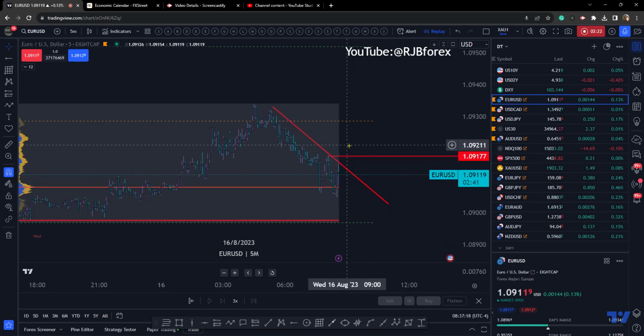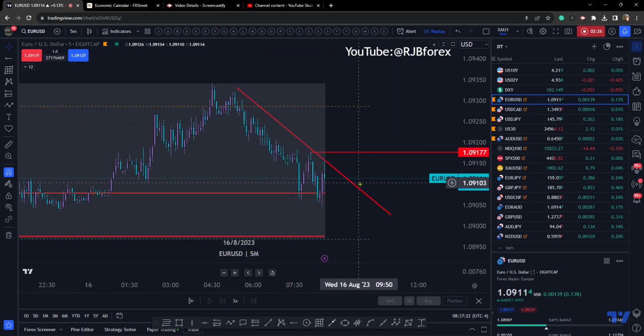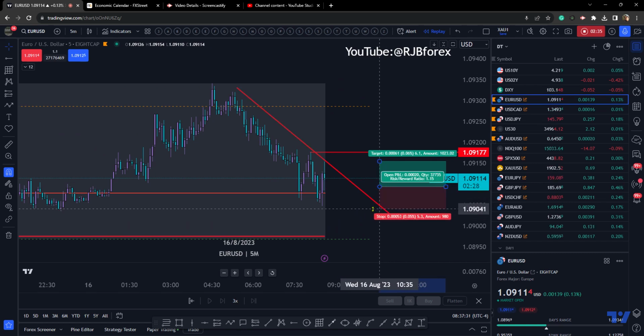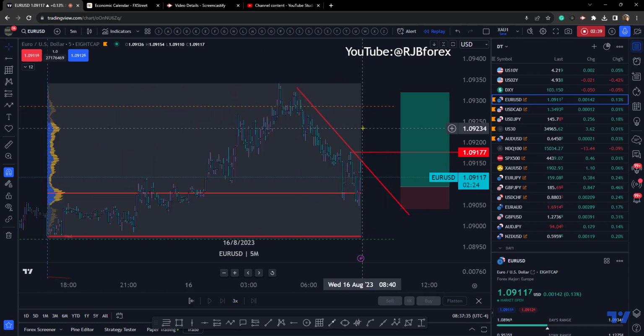If we're going to come up and penetrate that, then that could be the fuel or the catalyst for us wanting to partake in a potential long position. We might want to be buying low to catch a higher reward on our risk.